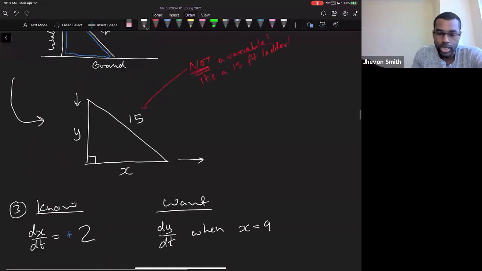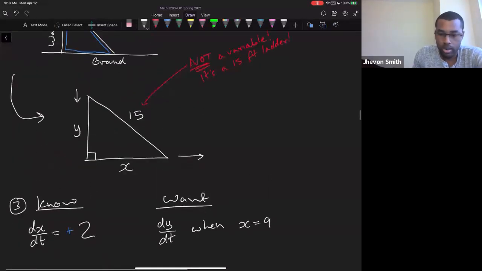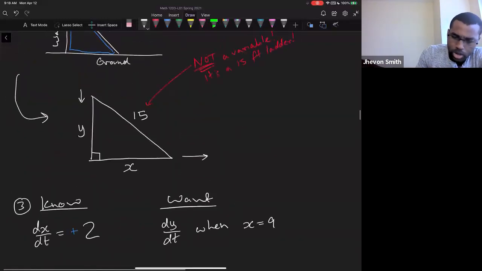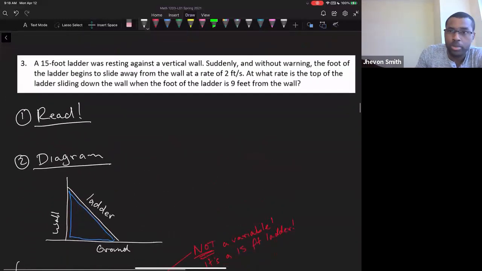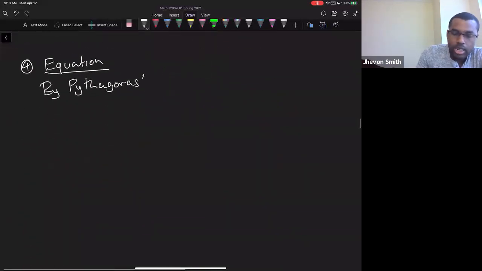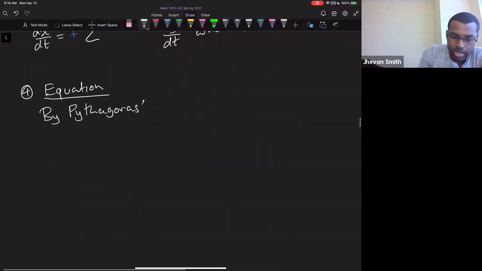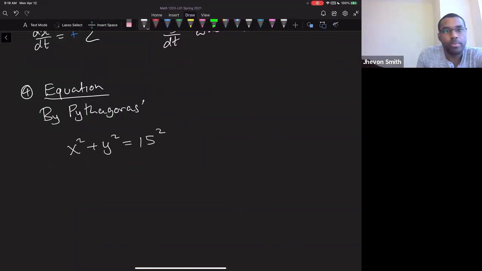So we're using the diagram to help us. Like the area, we're not given any information about it, so unless they told me information about the area specifically, I wouldn't use it. I'm only told about length. So by Pythagoras' theorem, I know x squared plus y squared must be 15 squared.